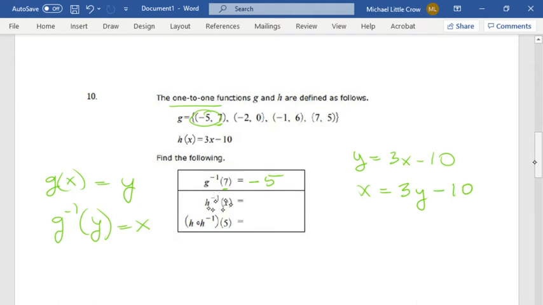But to get it in this form where y is the output again, we solve it for y now. So then we add 10 to both sides. And so you get x plus 10 equals 3y. Divide by 3. You get x plus 10 divided by 3.